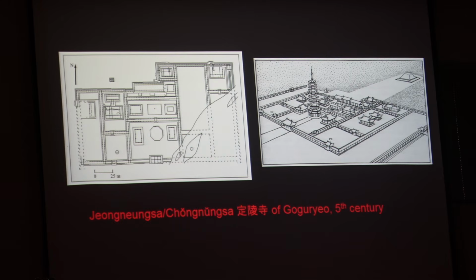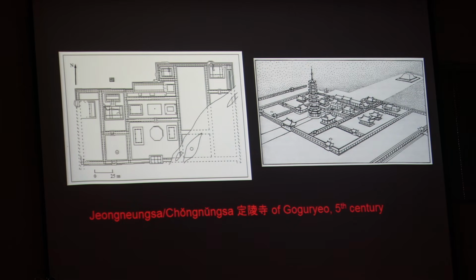I've occasionally put some Chinese characters on the screen. This is one that has to be here. If you read characters, you know that this is the monastery determined by the tomb. I didn't show you this plan before, but I'm showing it to you now.